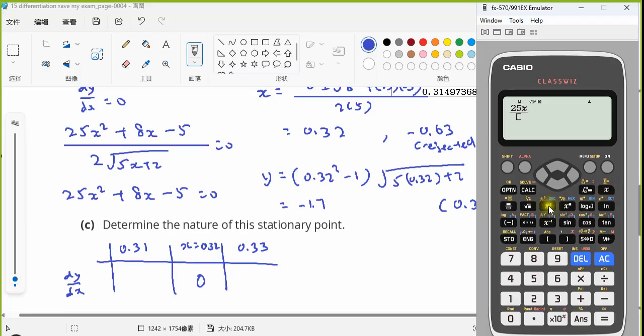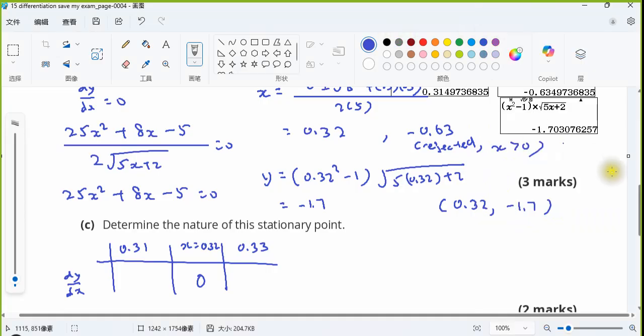So the differentiation, 22x squared plus 8x minus 5 over 2 square root of 5x plus 2, we substitute with 0.31, it is negative.